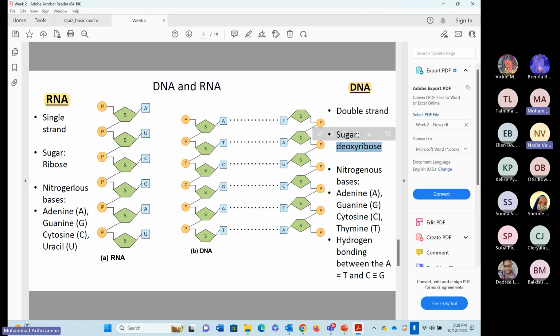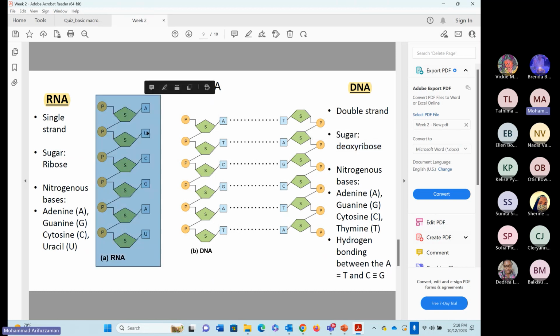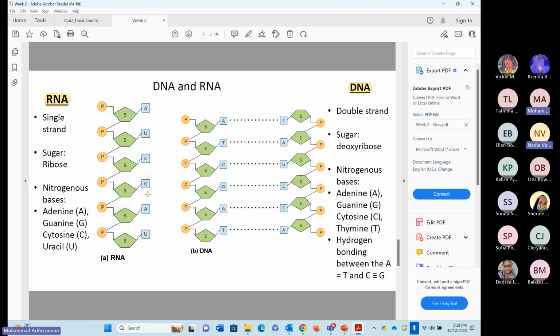Now the nitrogenous bases, you can see AUCG. These are the nitrogenous bases. In the RNA: adenine, guanine, cytosine, and uracil. And the nitrogenous bases in the DNA are adenine, guanine, cytosine, and thymine. You can see the thymine in DNA and uracil in RNA.